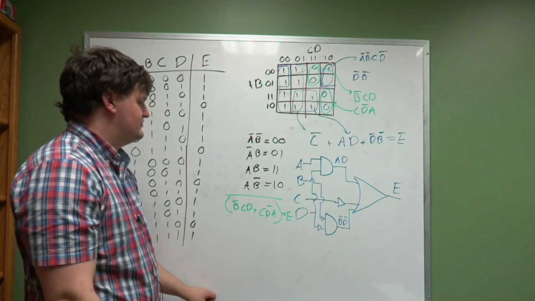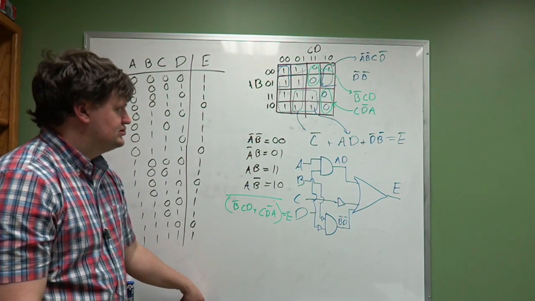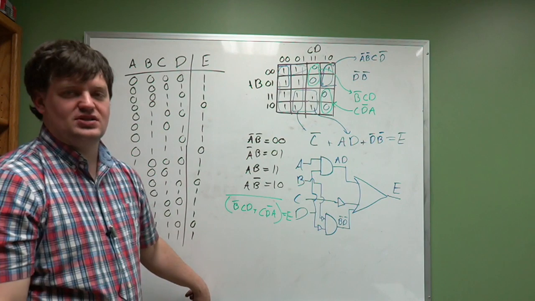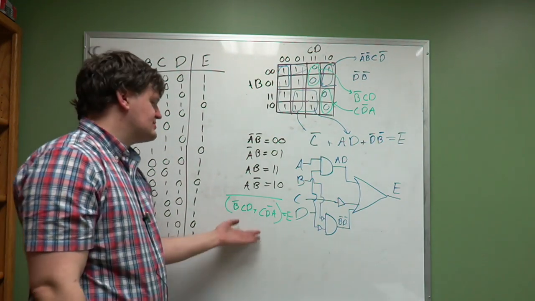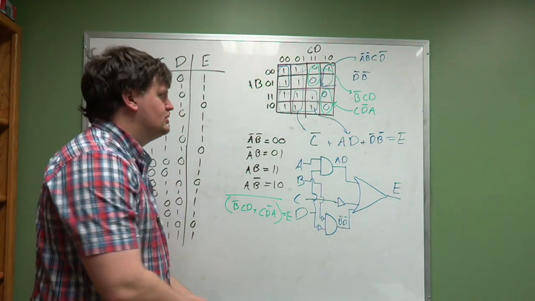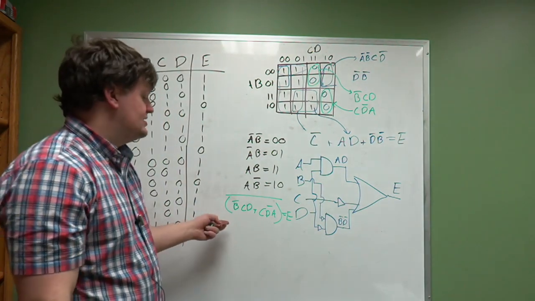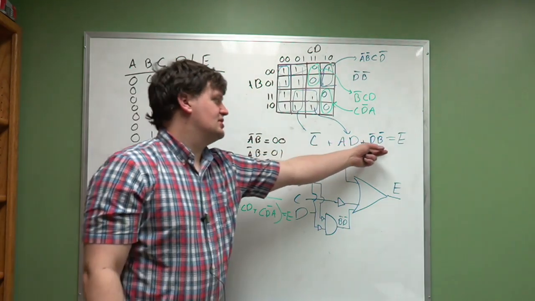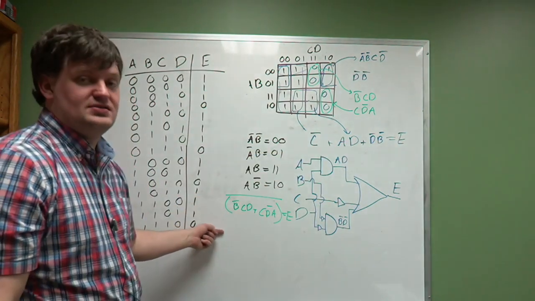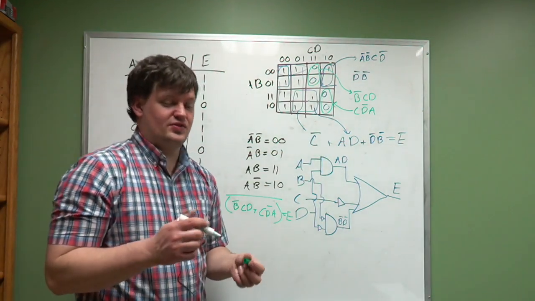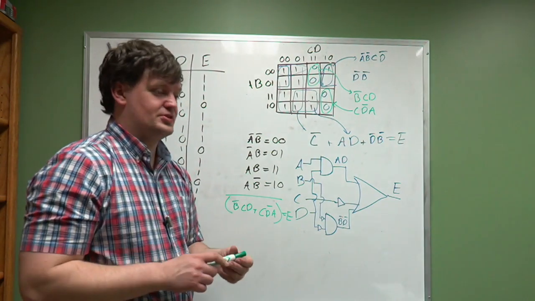Dang it. So there are times when this is easier, okay? But you can do this. This is completely valid. This gives you the same thing as this. This equals this. And actually, you can use De Morgan's laws and prove that. But I don't want to.